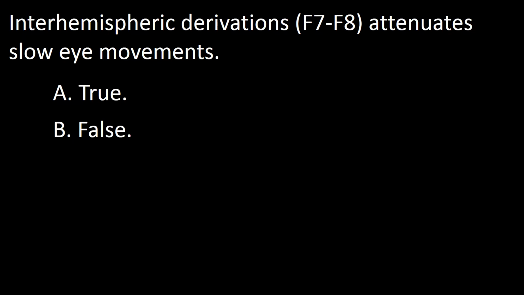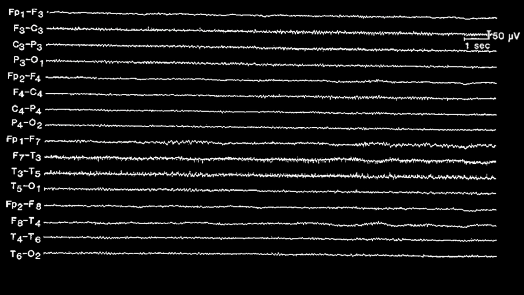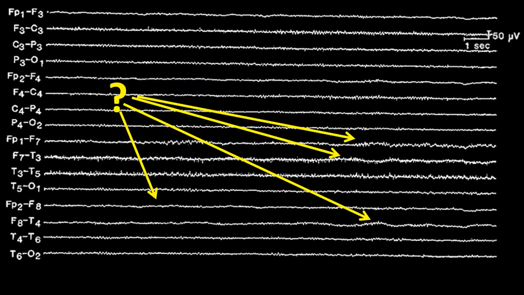Next question. Interhemispheric derivation F7 to F8 attenuates slow eye movements. A true, B false. In this frame, the presence of a slow eye movement is difficult to ascertain. But a careful look at this epoch will reveal a suggestion of it.